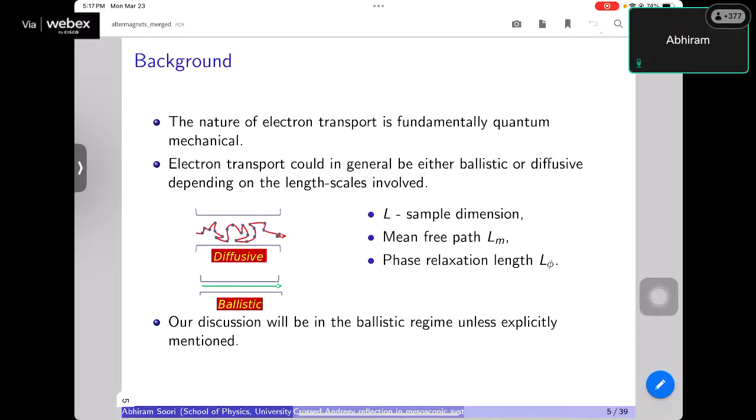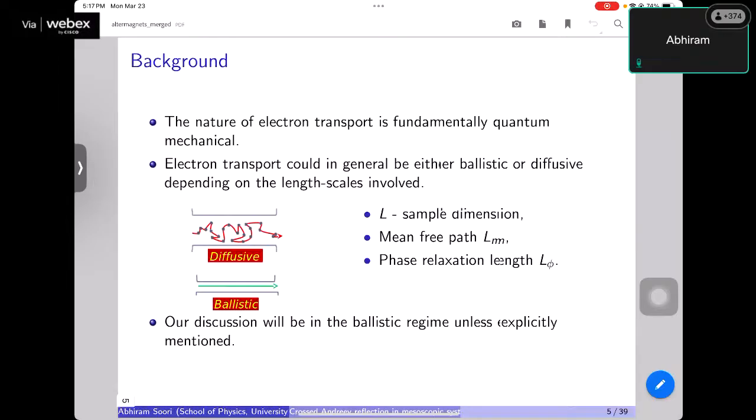Our discussion will be in the ballistic regime, and in the phase coherent regime. If it's in the phase coherent regime, then you can use principles of quantum mechanics. Otherwise, you will have to use other principles. To give you the order of magnitude, this phase coherence length is of the order of micrometers in realistic samples in the lab.